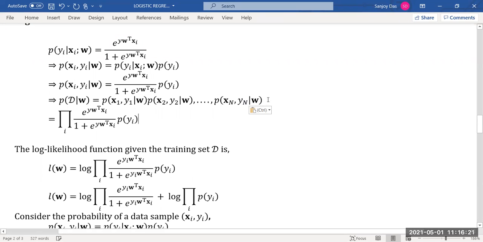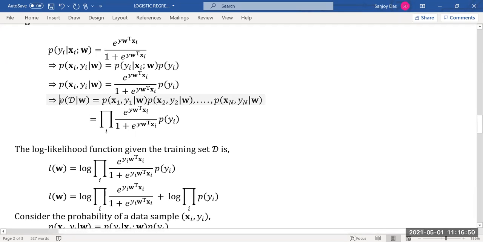Is this still using Bayes' rule? No, this is the product, so the joint probability. So this is the joint probability of the entire data, all the samples, which I'm expressing conveniently as this.